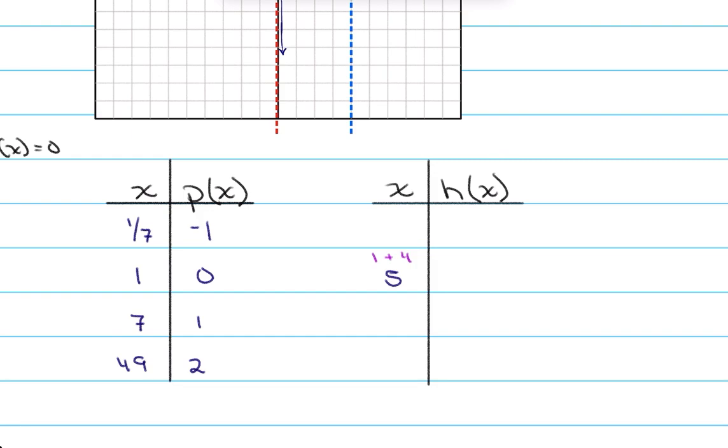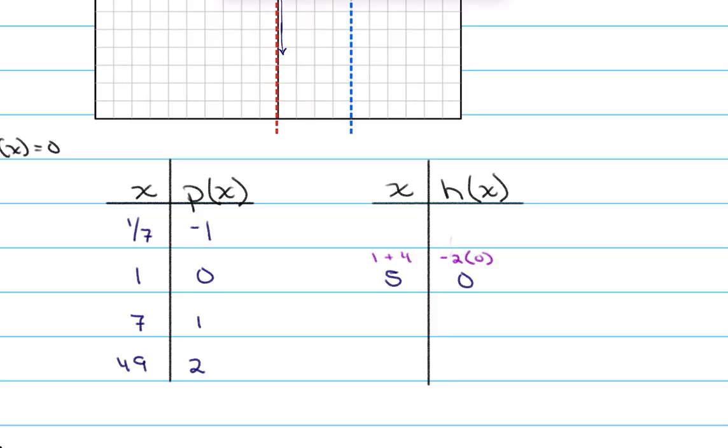And then for my 0, I am going to reflect it and then stretch it. So I'm going to multiply it by -2, essentially. So it'll be -2 times 0, which is still 0. So we get our new x-intercept. I'll do one more point just to show you I have another point to plot.